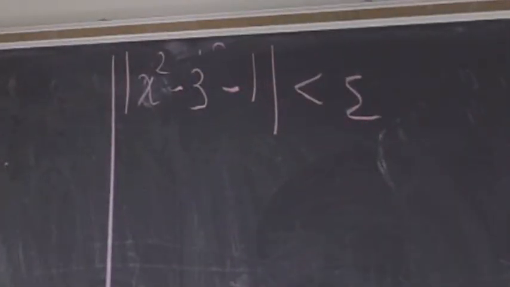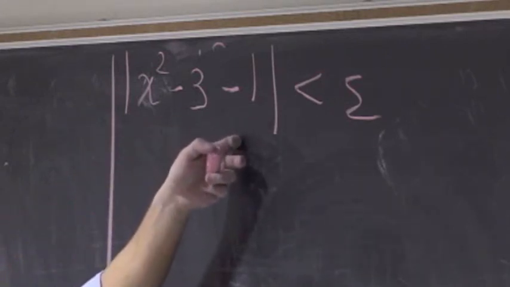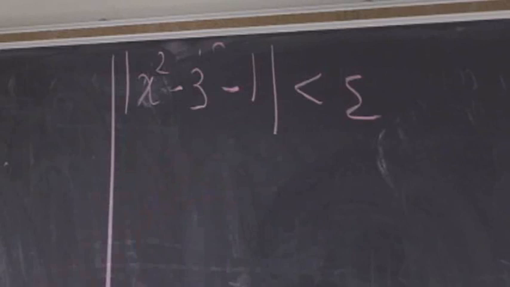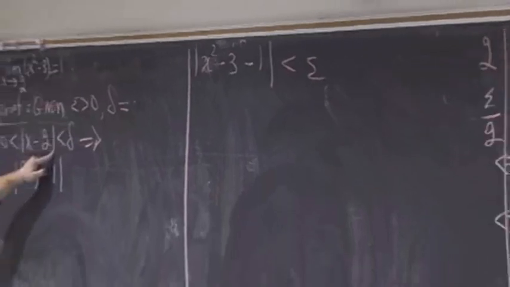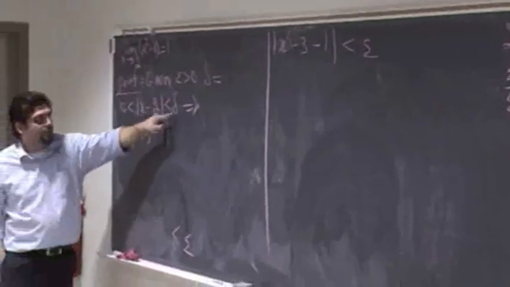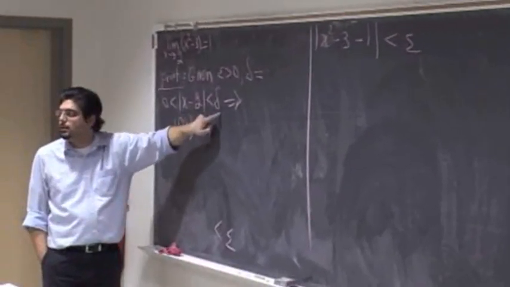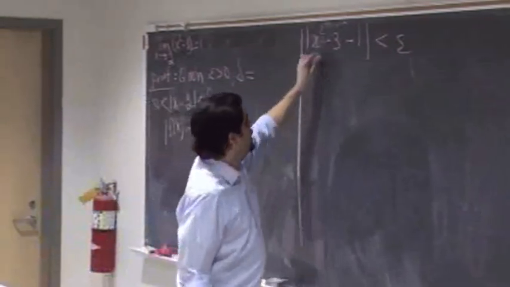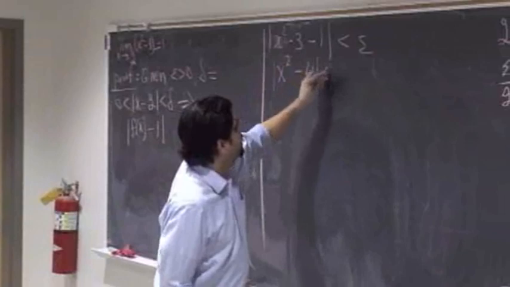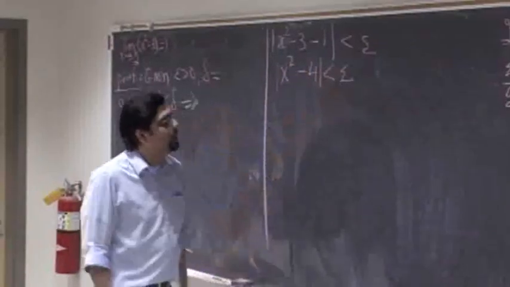That's where we're trying to end up. And we want this inequality to look like an expression that contains absolute value of x minus 2, so that from the right side, we can get what delta is. So this is x squared minus 4 less than epsilon.